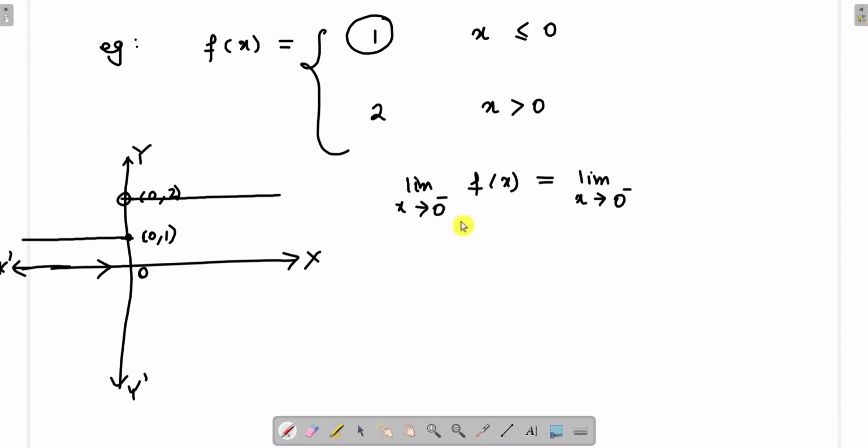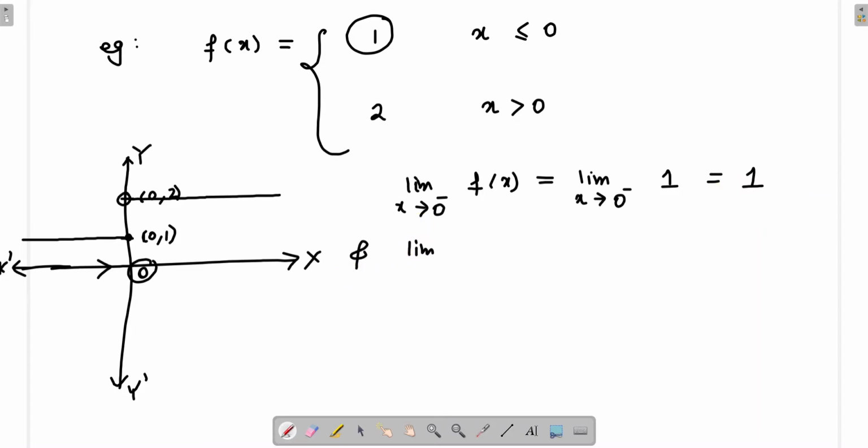Since we are looking at the left hand limit, for all the values on the left of 0 the function value we have to take is 1. So here the limit of 1, there is no x to substitute, we have the constant function. Whenever you have a constant function, the limit of that function is that constant only, 1 here. This you have to know.